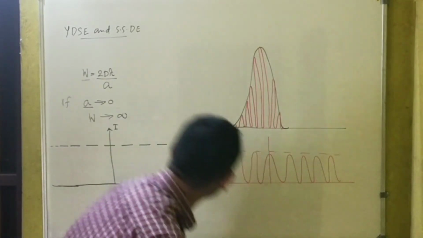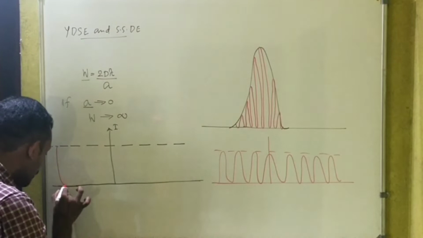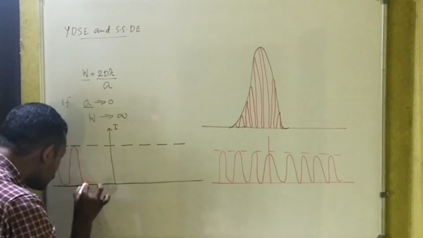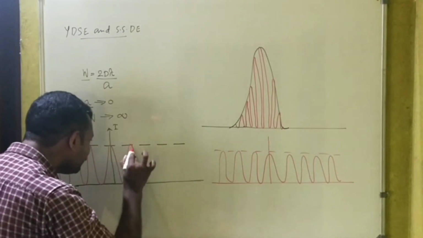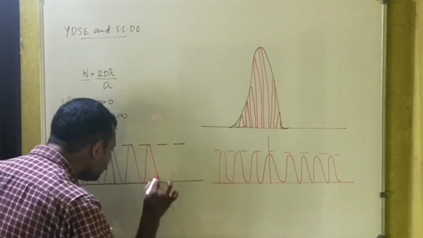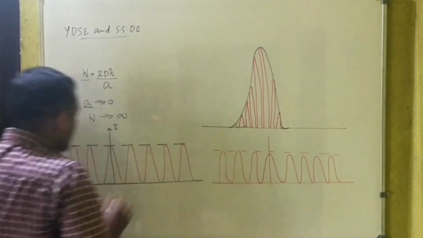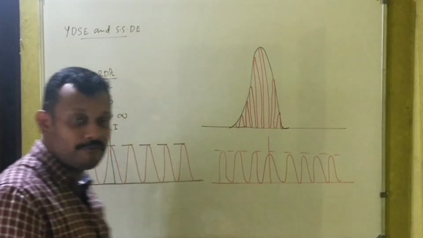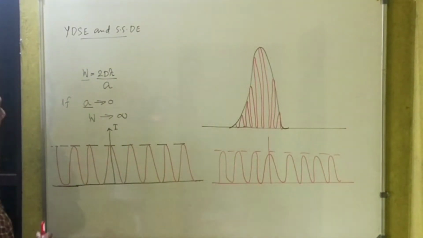In that case, how should I draw these interference bands? Yes, this is how we get the intensity distribution in two slit interference bands.